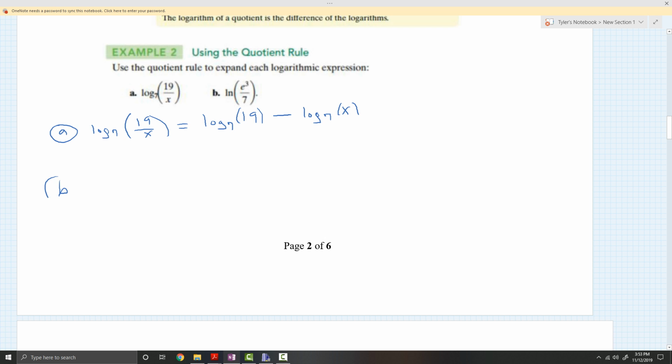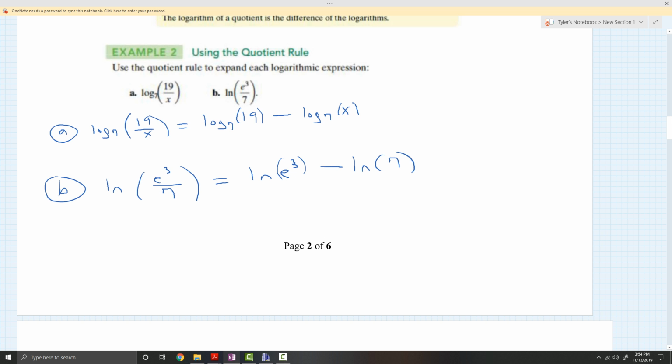And then part B, we have the natural log of e cubed over 7. This would be equal to the natural log of e cubed minus the natural log of 7. I can actually work with this first part, the natural log of e cubed.